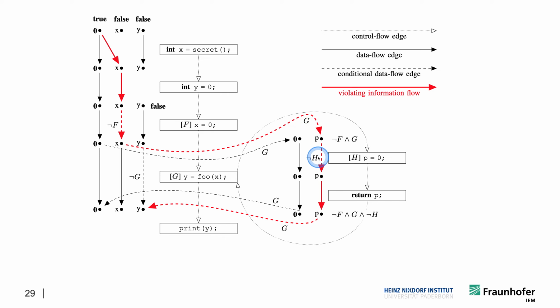If you do this, you will get these intermediate constraints. At this program point, we will have not F from here and G from there. That's our intermediate constraint here. We have this intermediate constraint down here, which then also reaches this program point, and that's our final constraint here.